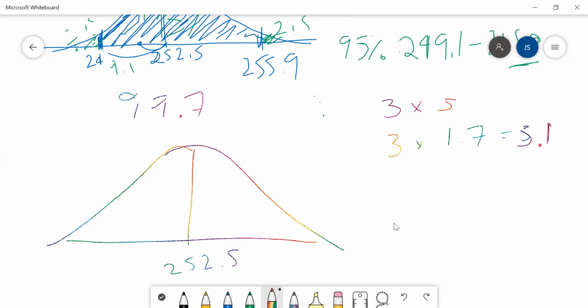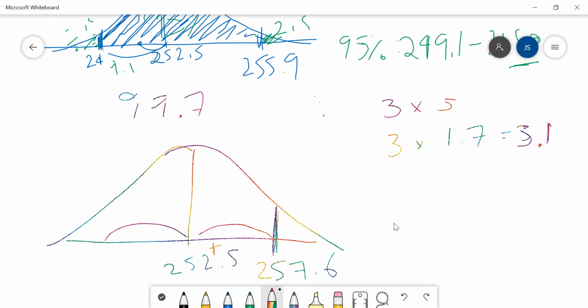Sorry, that's only 5.1. Okay, so that means you started from the mean, you added 3 lots of your standard deviation this way, and you get 252.5 plus 5.1, which is how much your jump was, your 3 standard deviations, as 257.6.